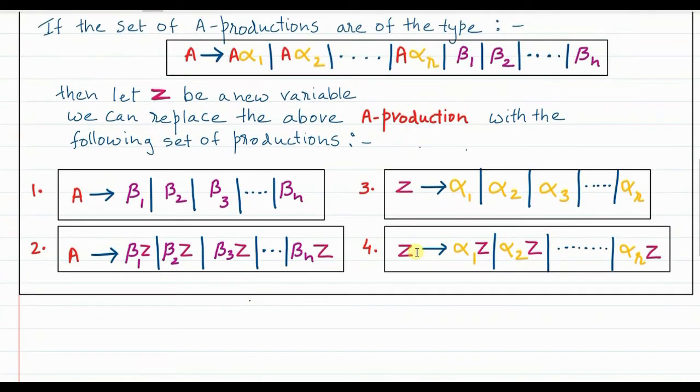Okay, now I'll just tell you how to recognize whether the production is of the type A gives A alpha 1, A alpha 2 and so on.